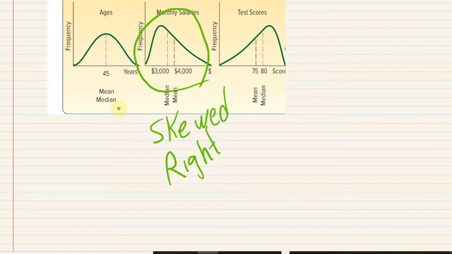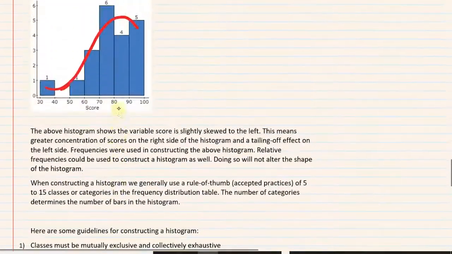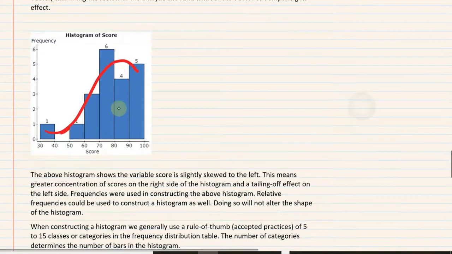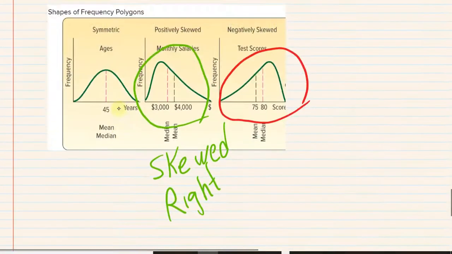So that's why it's skewed right or positively skewed. With respect to the test scores in the book's example, the test scores are left skewed, just like mine was. Look at the one from my class. See, that one is left skewed, and so was this one.